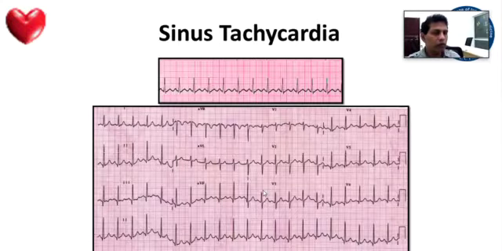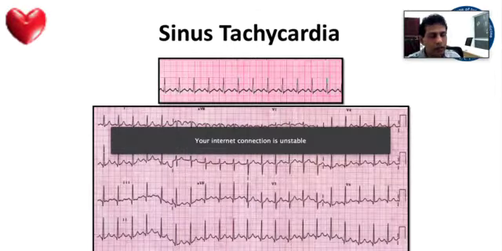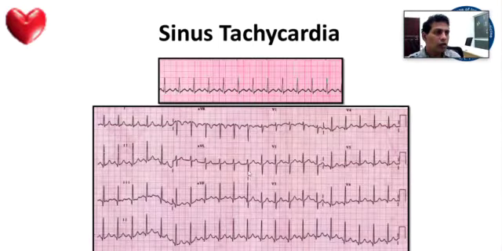So sinus tachycardia and sinus bradycardia, as well as sinus arrhythmia, are not pathological ECGs. They are physiological phenomena, but sometimes can be secondary to other causes.